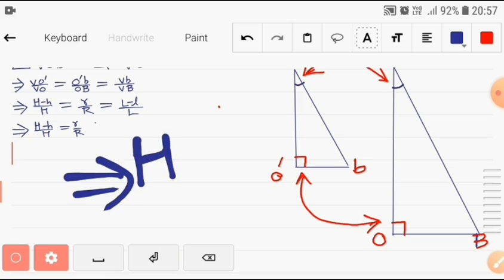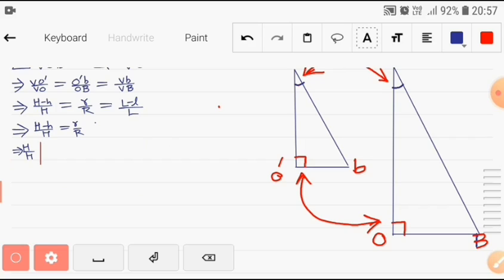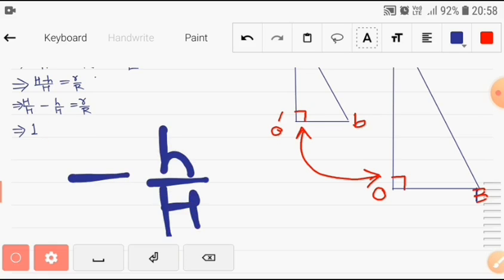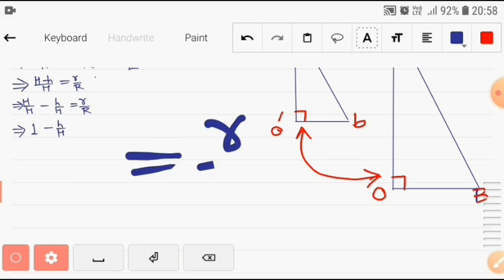Now, H by H minus h by H is equal to r by R. On the next line, we'll see H divided by H is equal to 1 minus h by capital H equal to r by capital R.